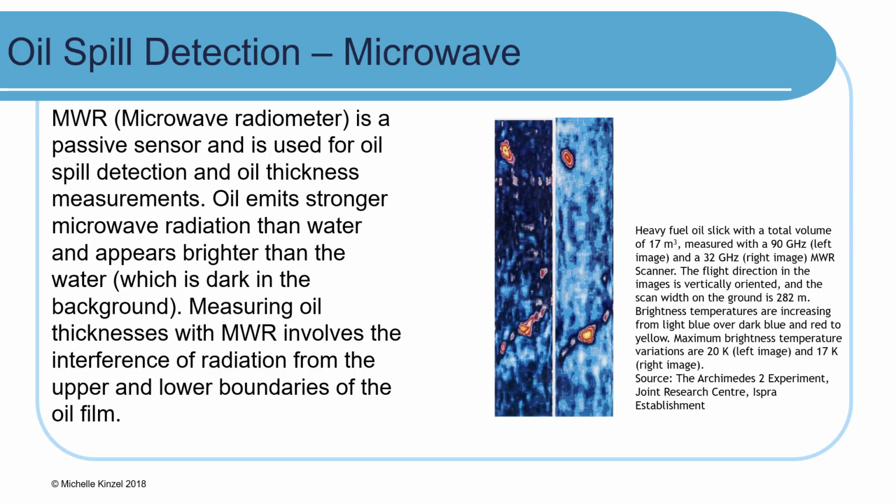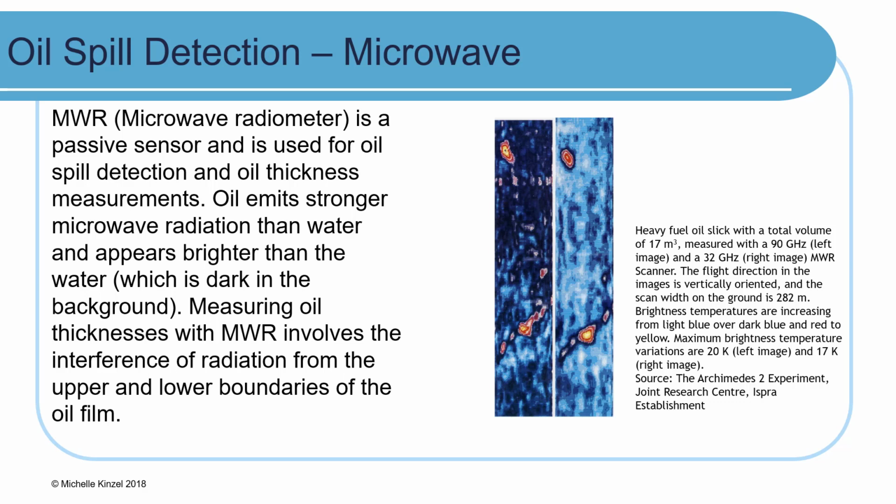So an example of microwave application used for oil spill detection is to look at oil thickness measurements, and the oil emits a stronger microwave radiation than water, and it appears brighter than the water, which is dark in this background. So measuring oil thickness has to do with the interference of radiation from the upper and lower boundaries of the oil film.